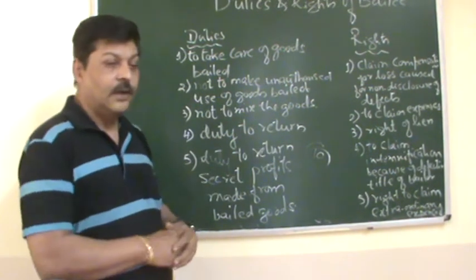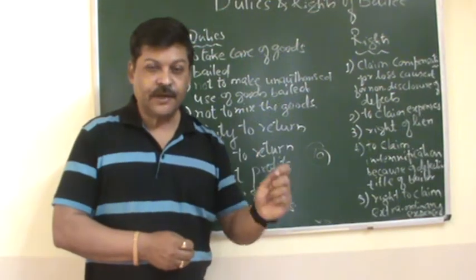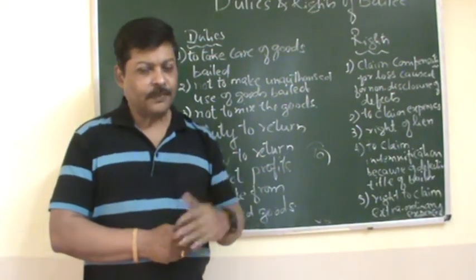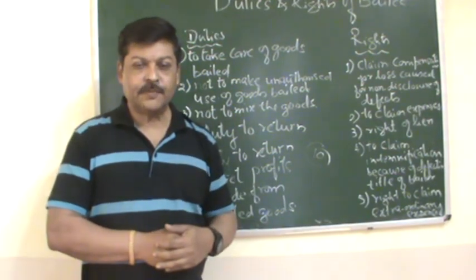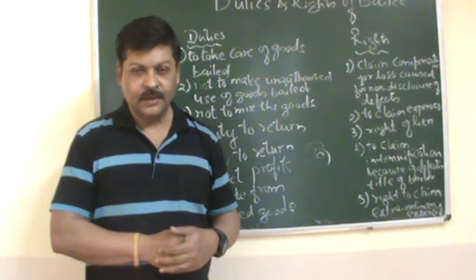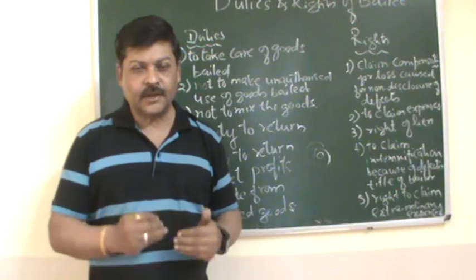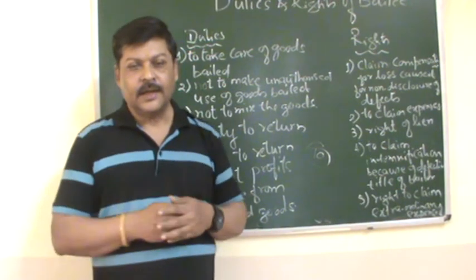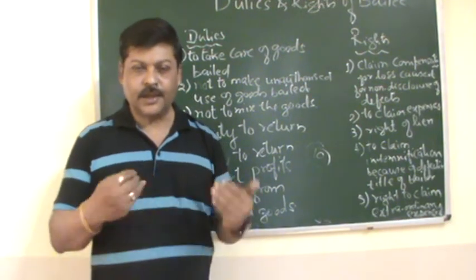Duty to return the goods bailed on the accomplishment of the purpose. For what purpose is it given? It is after the accomplishment of the purpose that the goods must be handed back. Now you have given the car for servicing. Immediately after the servicing is over, the garage person calls you that your vehicle has been serviced, you can take the delivery.